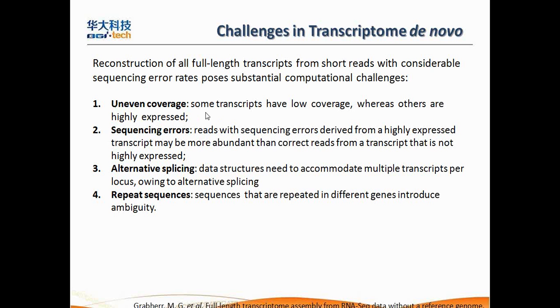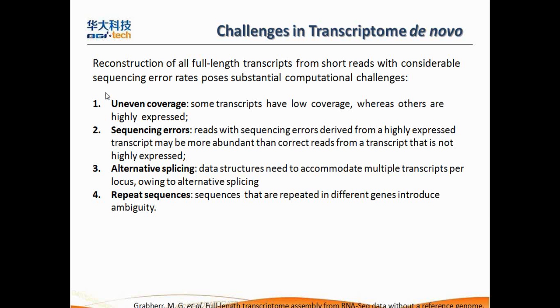Some transcripts are highly expressed, so we sequence a large amount of RNA sequence, and some transcripts are not expressed that much, so we cannot sequence too many of them. So those transcripts have very low coverage. This uneven coverage causes a problem for our de novo assembly.